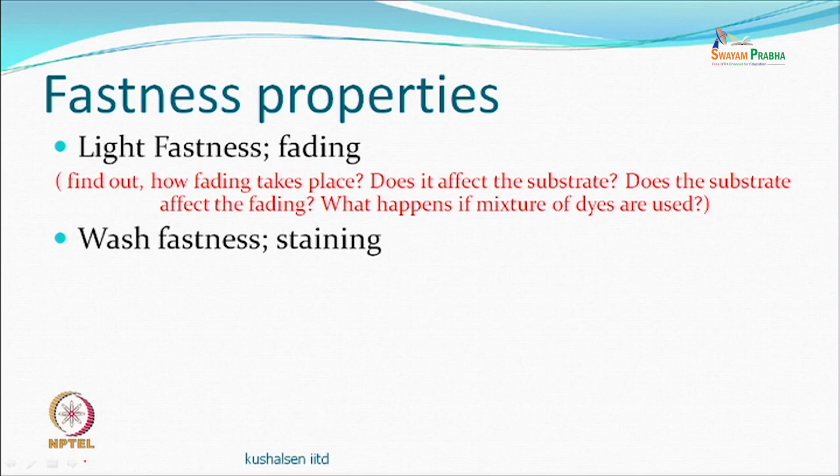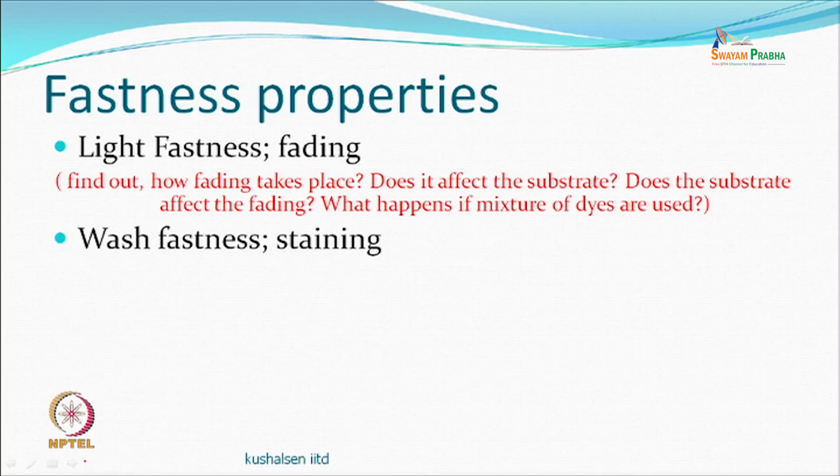The higher the wash fastness, the better it is as far as the printing is concerned. But you would also be very much interested in staining resistance. Staining resistance is important, because when you wash, some of the dye solution during washing will flow over the areas where you do not want it to be.